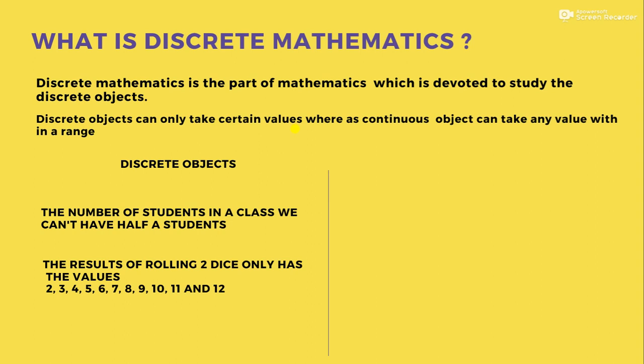We can't take values like 2.3, 3.4 or 4.5. We can take only discrete values like 2, 3, 4, 5, 6, 7. We can't take values like 2.4, 2.5, 2.6. So these are examples of discrete objects.